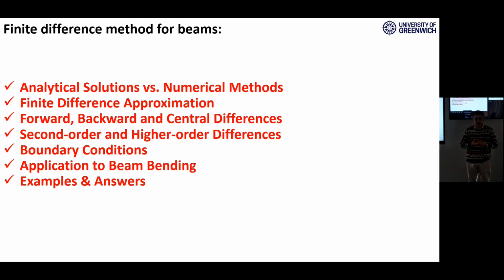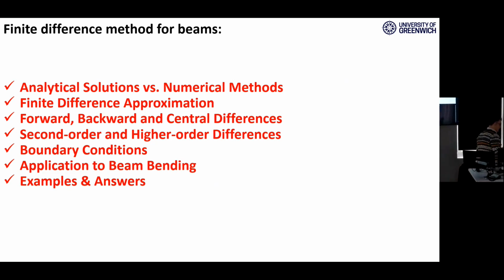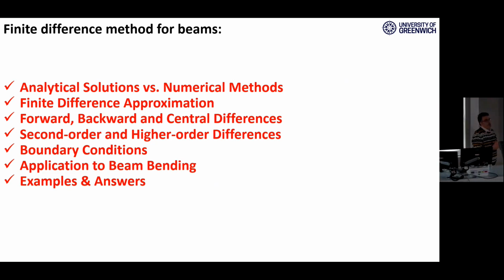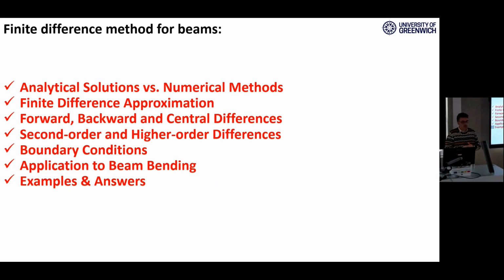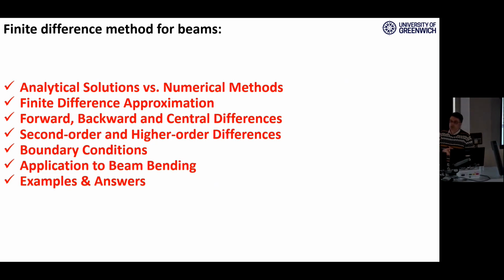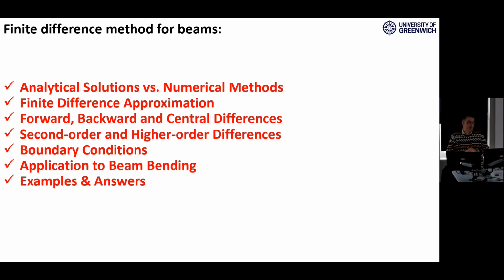Our benchmark is the analytical solution, which is the right, correct one. The numerical solution should provide answers close enough to the analytical solution if it is working well. If they differ too much, there is a problem. That's why we are going to discover today how the numerical solutions work.